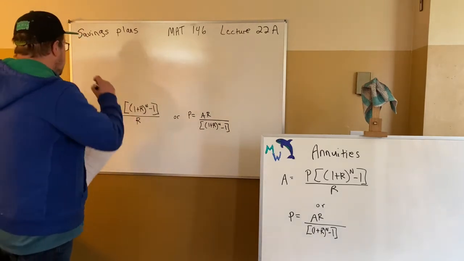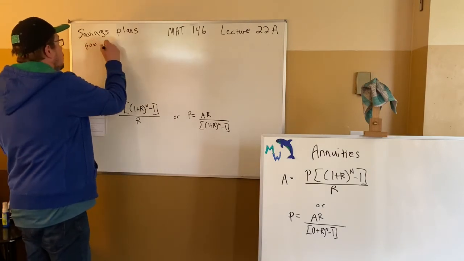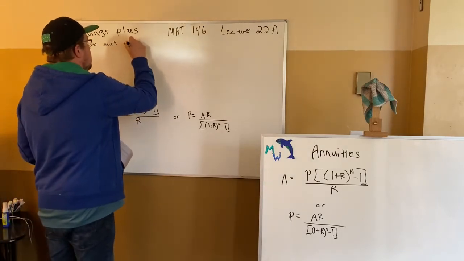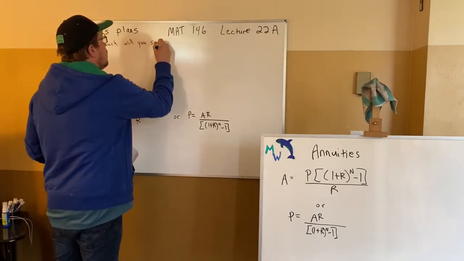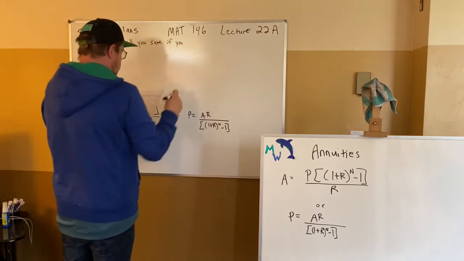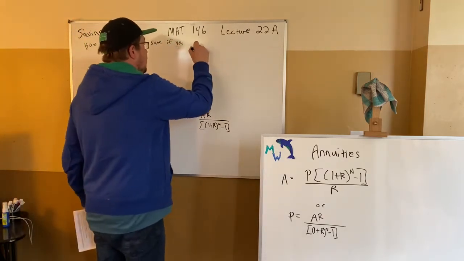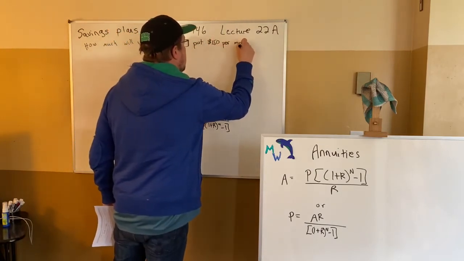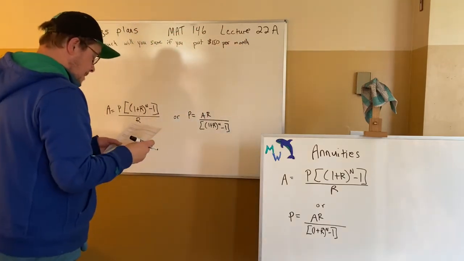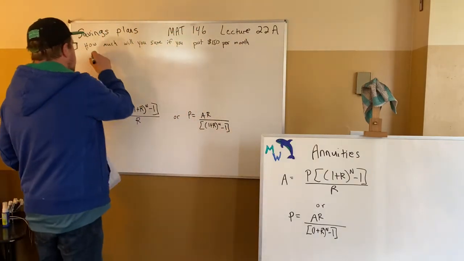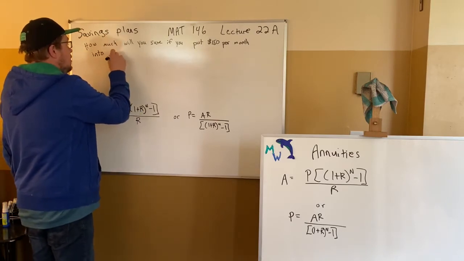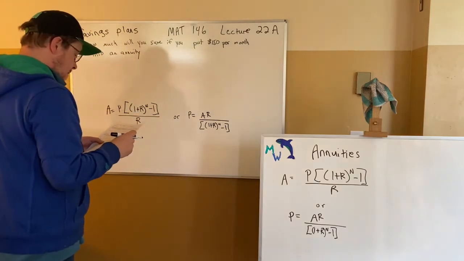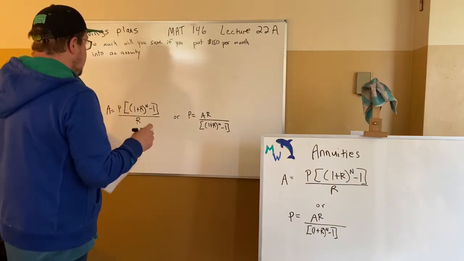It says, how much will you save if you put $150 per month into an annuity, which is your savings plan, if it has an APR of 10.2%.